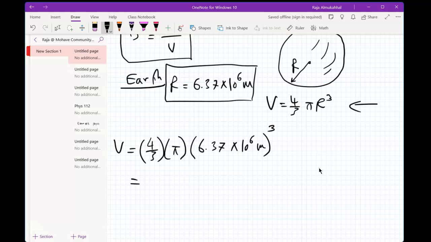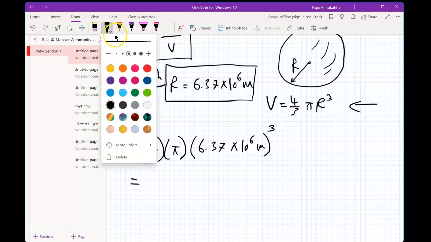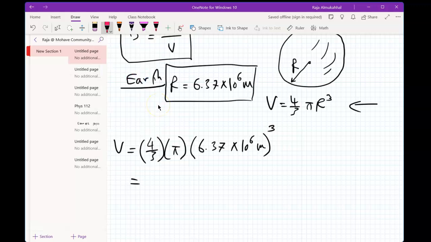Maybe you start with the volume here, and you plug it into the calculator: 6.37 times 10 to the 6, and then you cube that number.